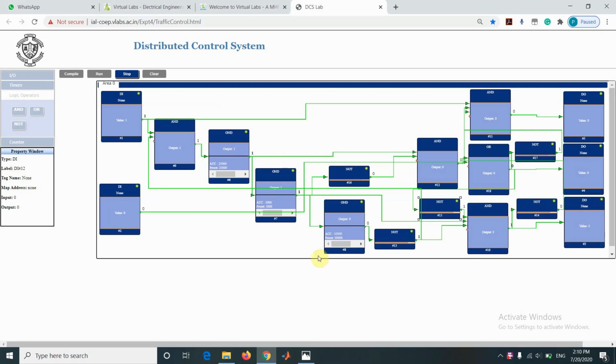So again this cycle will continue, but when we toggle this input block, that is we give the VIP arrival signal, only yellow light is on and the other two lights are off, as you can see.